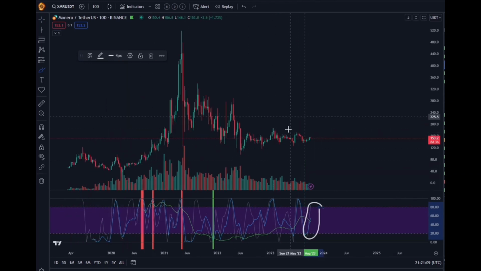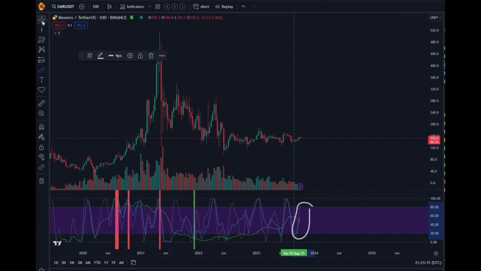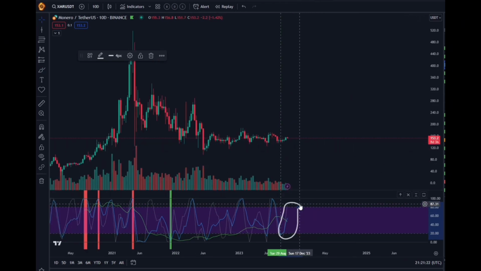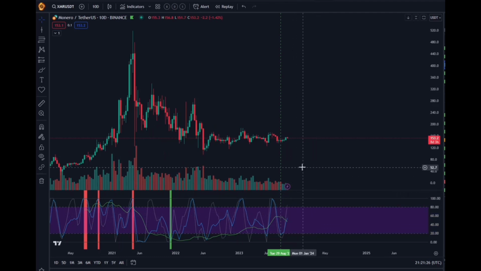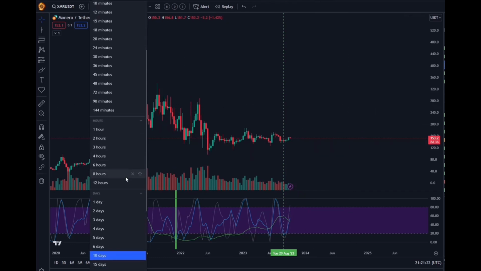So what you want to do now, if you are trying to catch this with precision, is zoom in on this wave and make it look like an MTF wave. In order to do that, you should go back to the 1 day and check.